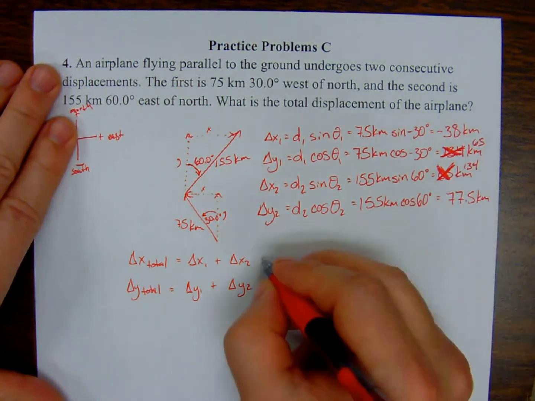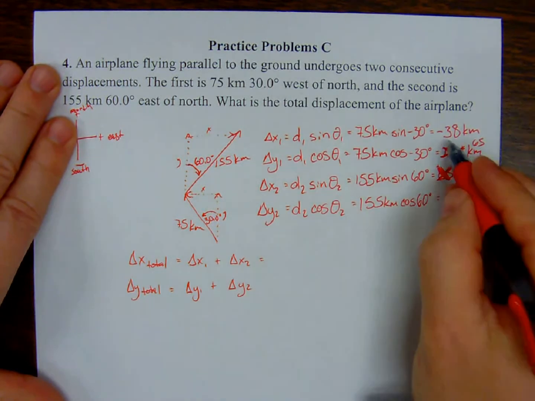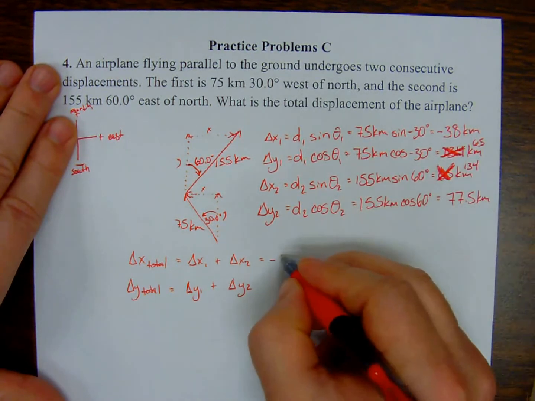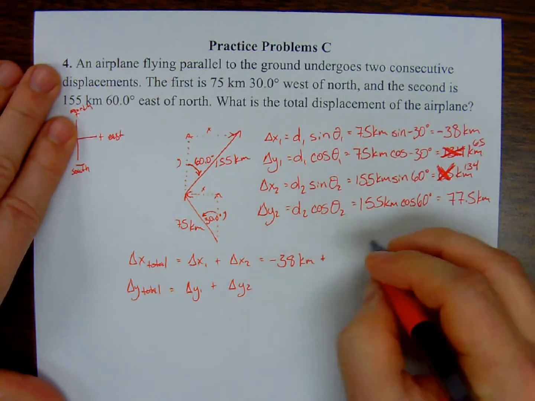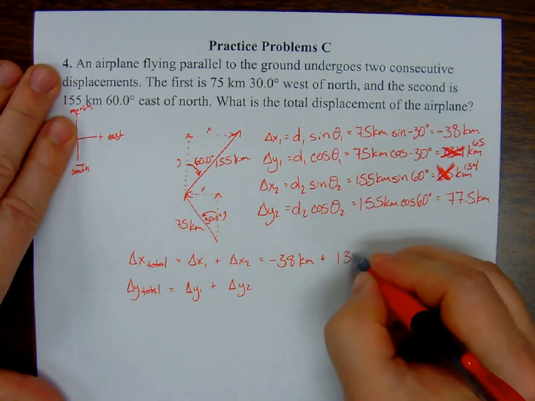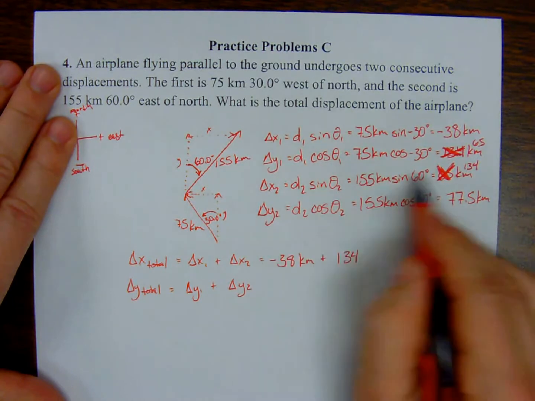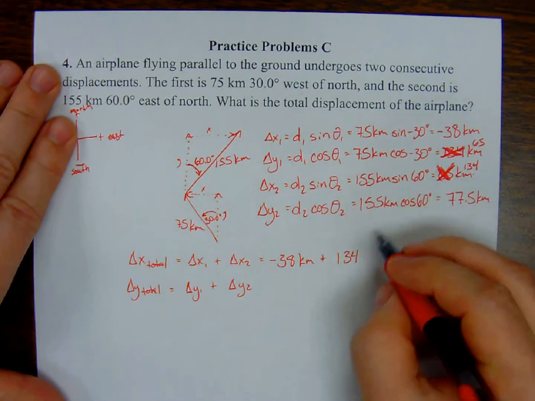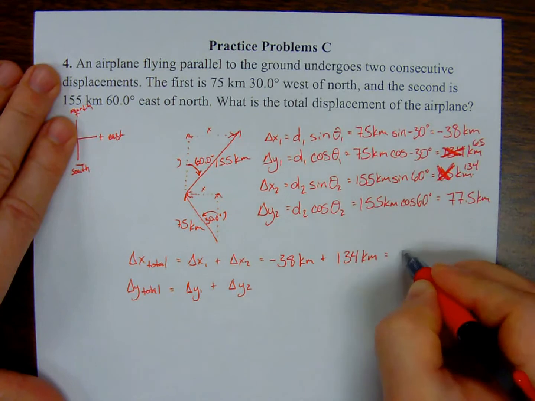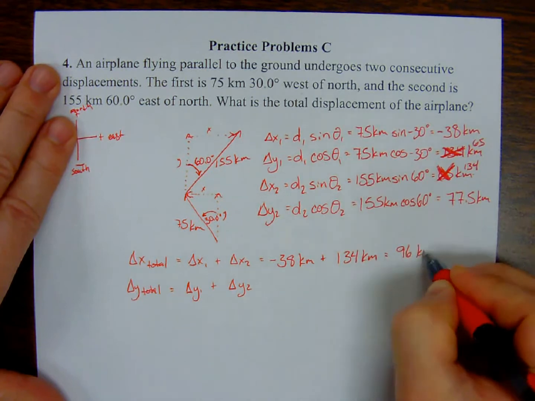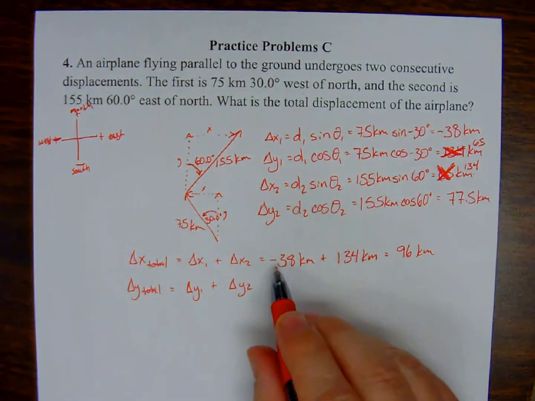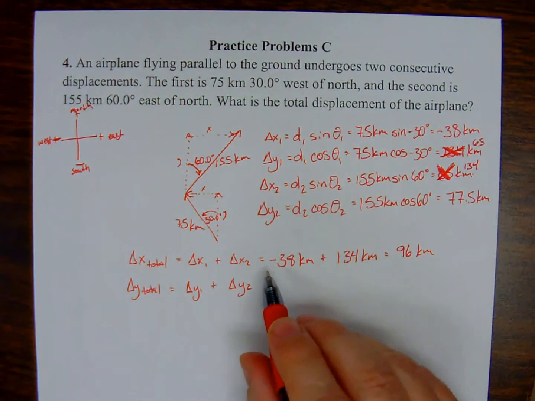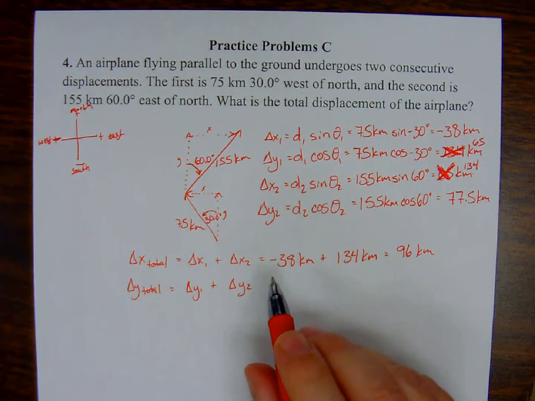If you didn't use the appropriate sign convention, you'd get 172 kilometers, and that would screw up your resulting triangle. And then the y's are pretty straightforward because they're both positive. It ends up being 143 kilometers.